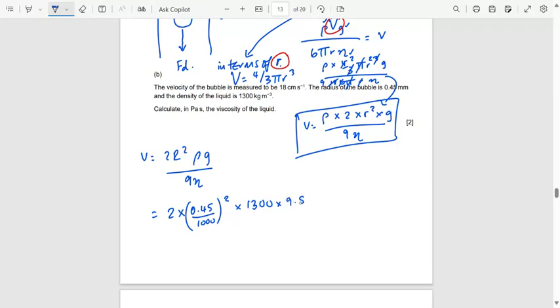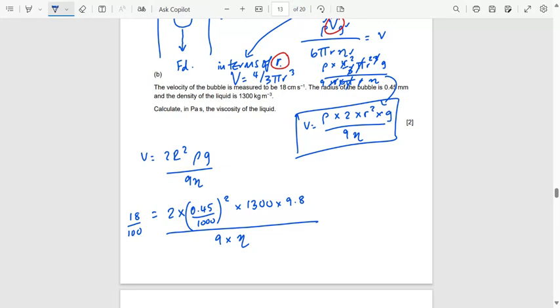Multiplied by g, 9.8. We're going to divide that by 9 multiplied by the viscosity, which is what we're trying to find. And we know that the velocity is 18 centimeters per second, so I'm going to divide that by 100 to get it into meters.